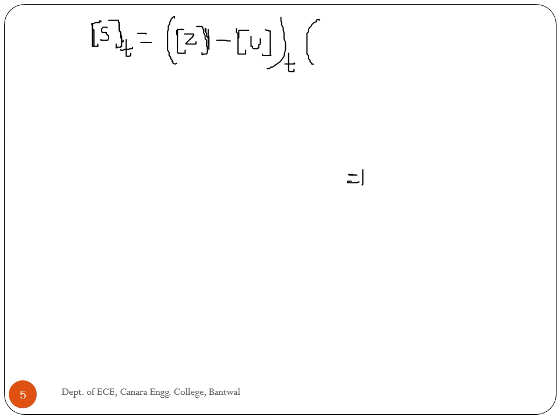Now S transpose is equal to (Z minus unity matrix) and (Z plus unity matrix) inverse transposed.